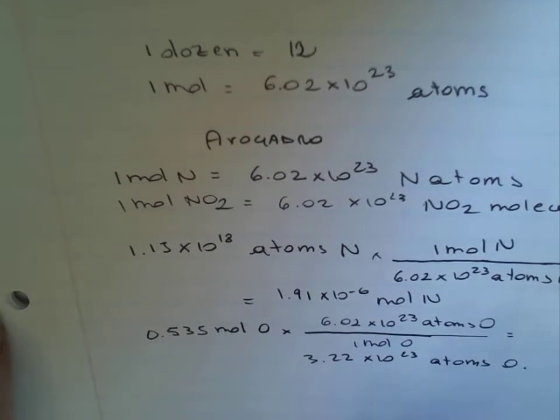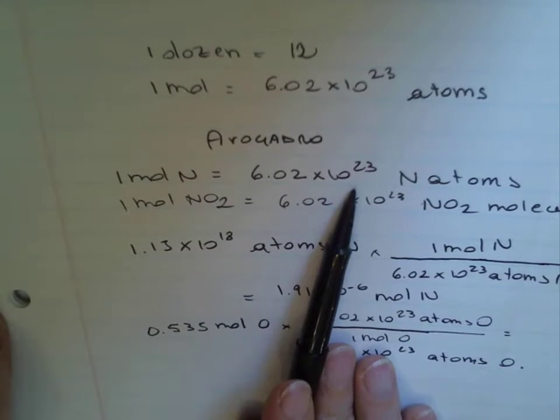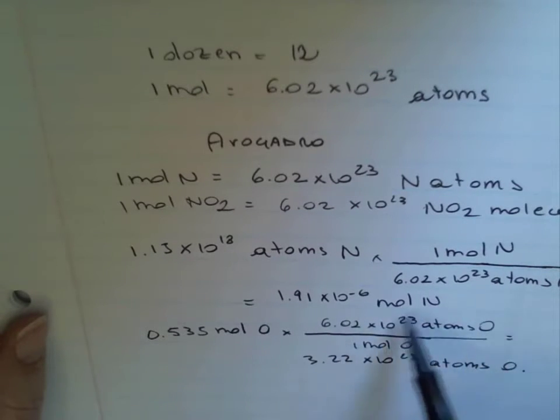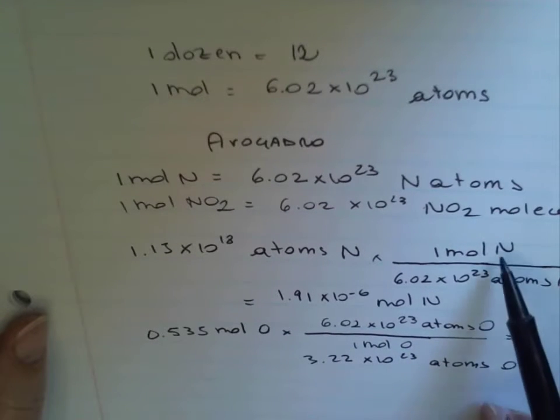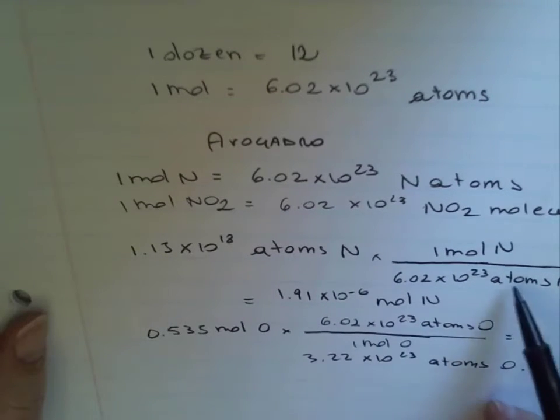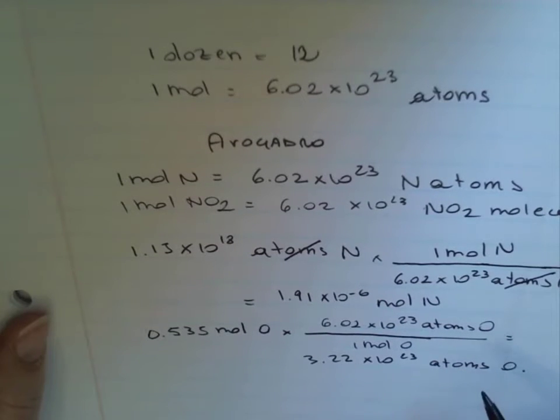So do remember that we have 1 mole equals 6.022 times 10 to the 23, and we can write it as a conversion factor, either atoms divided by moles, or moles divided by atoms. Always make sure that you put across the unit that you need to cancel out.